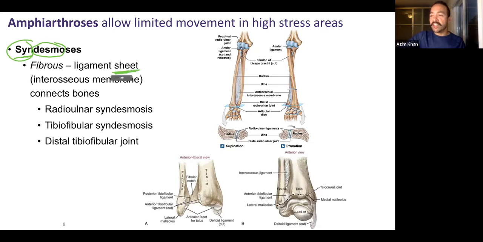So it's not just a nice round cylindrical ligament. It's a wide, broad sheet connecting two bones at least, known as an interosseous membrane. Since it's a ligament, remember what that's made of? Ligaments are made of dense regular.